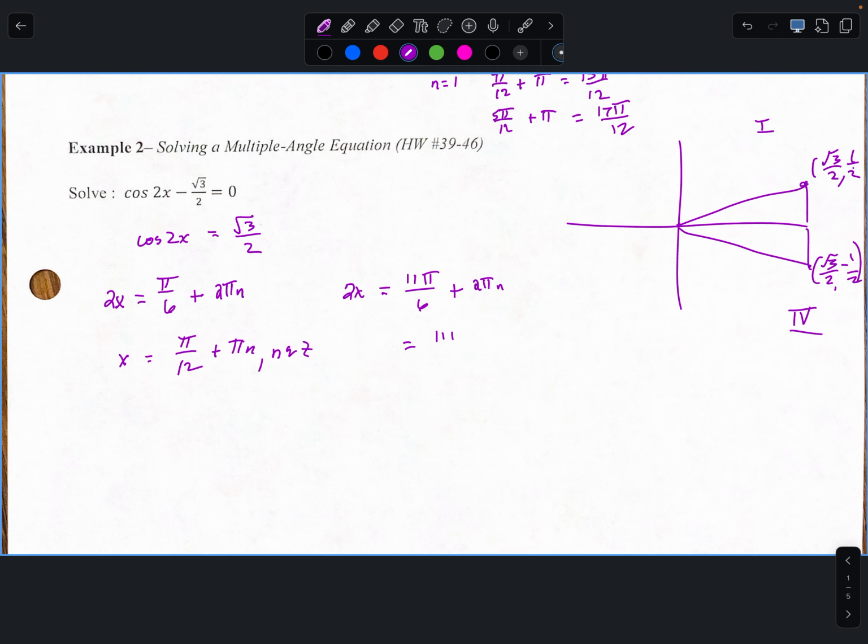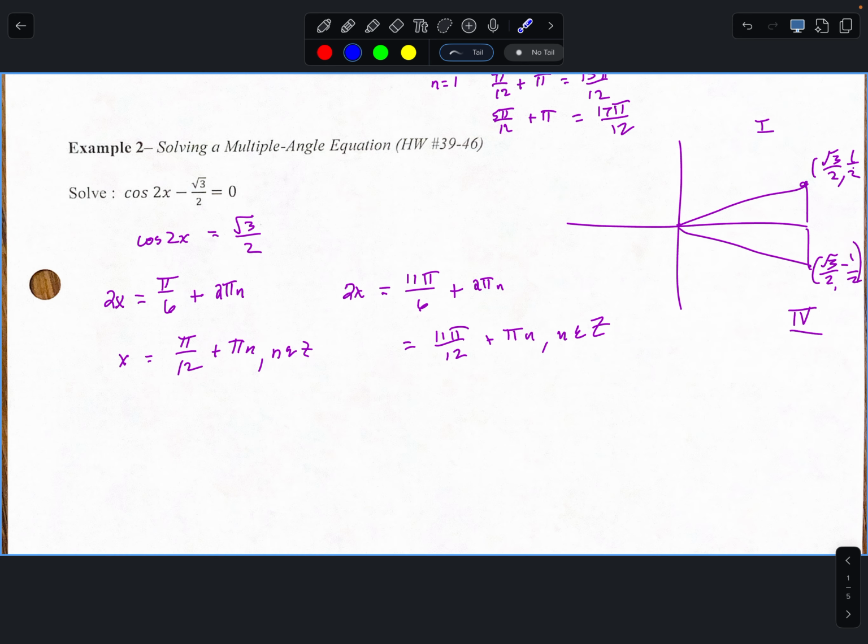And if you want to generate the different angles, you replace n with 1, -1, 2, -2, etc. And it generates all these places where when you double the angle, you get √3/2 for the cosine of it.